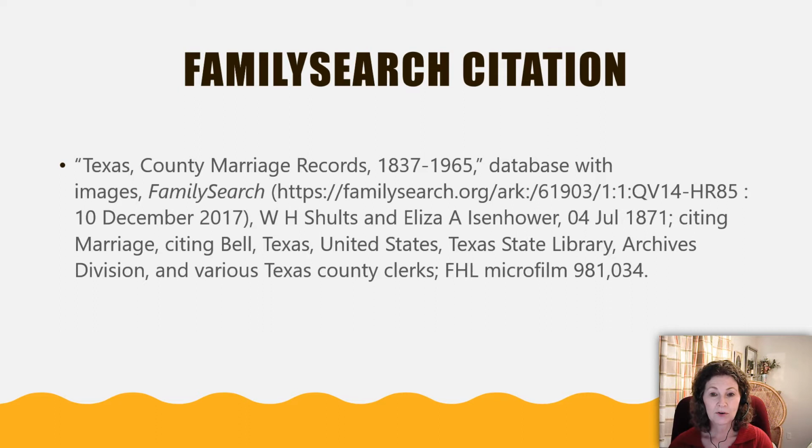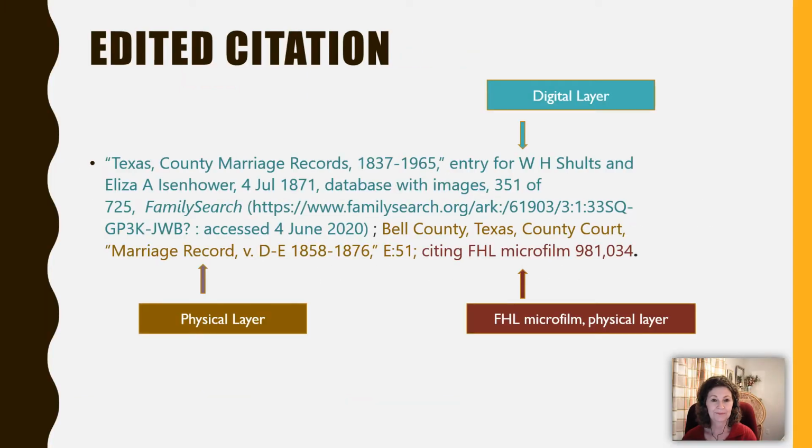Notice there's a semicolon separating the digital layer from the physical layer, and I like this citation quite well. However, there are a few things that I like to tweak to make these Family Search citations even better. Because remember, citations are an art, not a science, and I want to make this fit how I use citations.